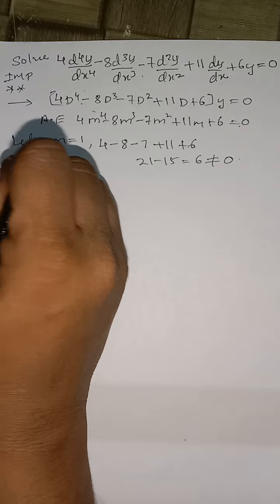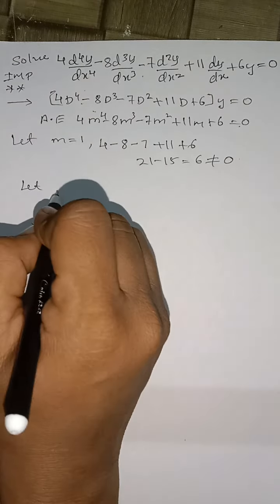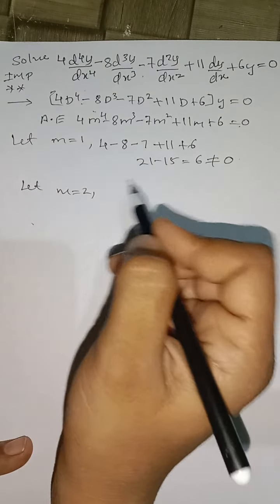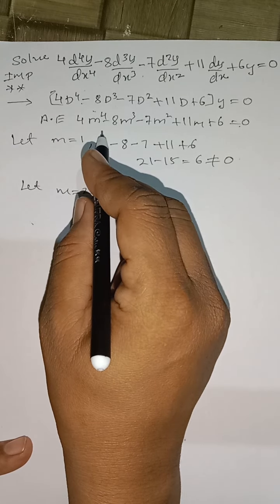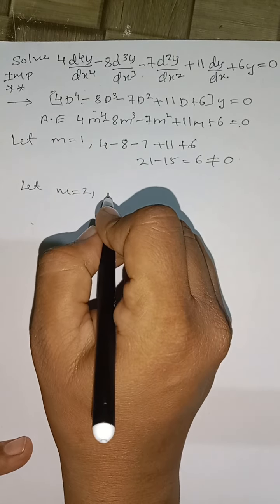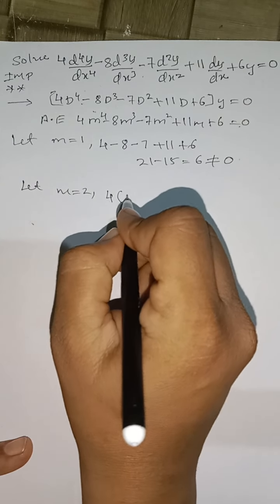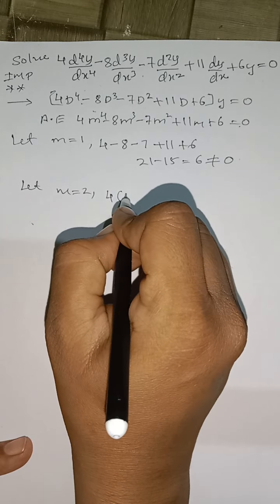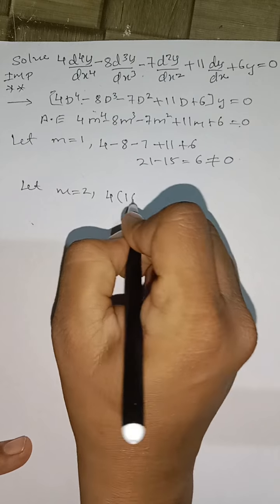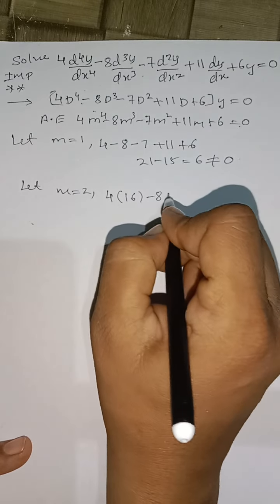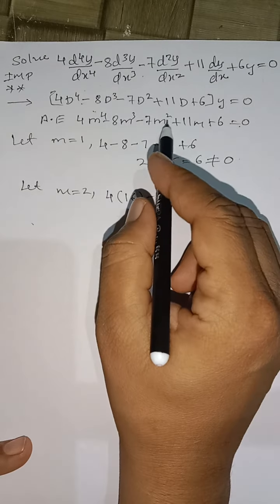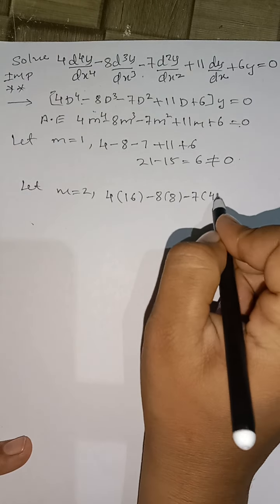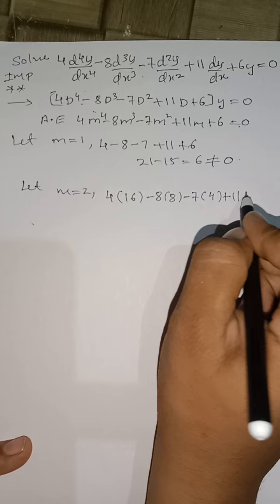So now let us consider the second value, m equals 2. Suppose I take m equals 2 and put it in this auxiliary equation. So this is 4 and m raised to 4, 2 raised to 4 is 16, minus 8, 2 cube is 8, minus 7, 2 square is 4, plus 11 into 2 plus 6.